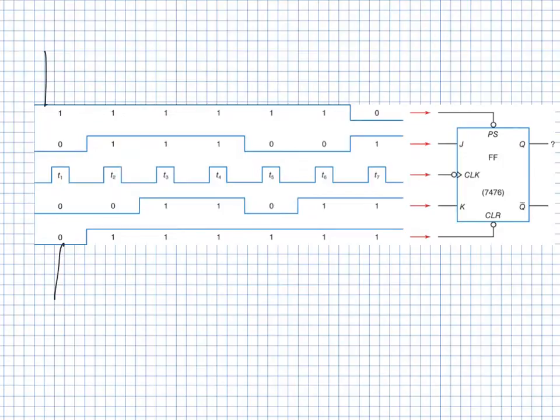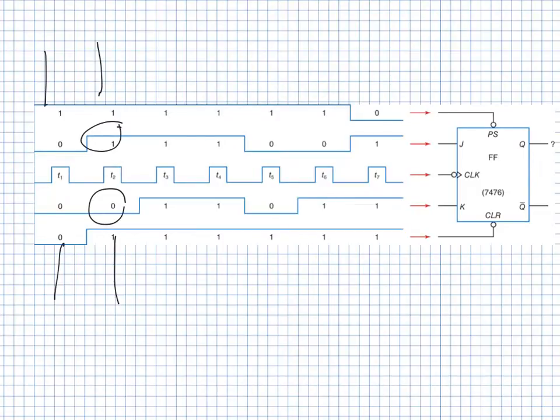At T2 now, we're going to look at the preset mode, which is 1, and the clear mode, which is also 1. Since they're both 1 and they're active low, they won't dictate the state of operation. So the state of operation is going to be dependent upon J and K now. J is a 1 and K is a 0 at T2.